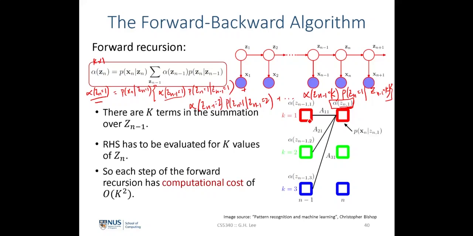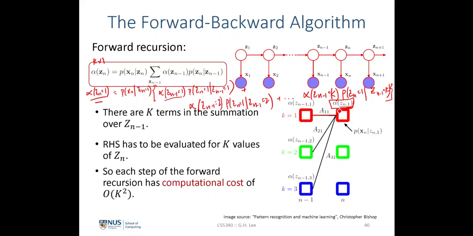And we are going to multiply this with A11, which is given by this transition probability where Zn equals to 1, Zn minus 1 is also equal to 1. So I'm going to take this multiplied by this term that is going into my Zn equals to 1 state, because I'm computing this alpha.